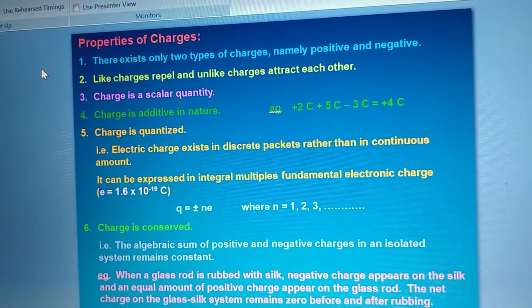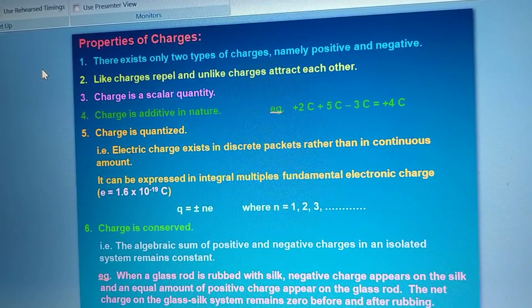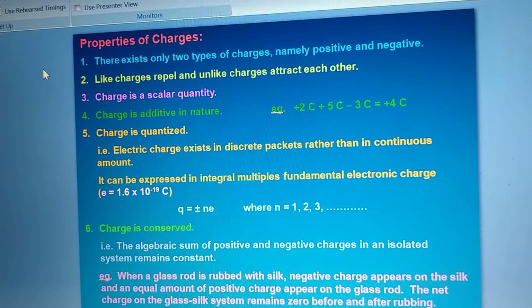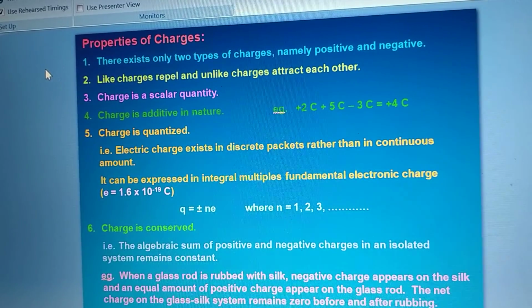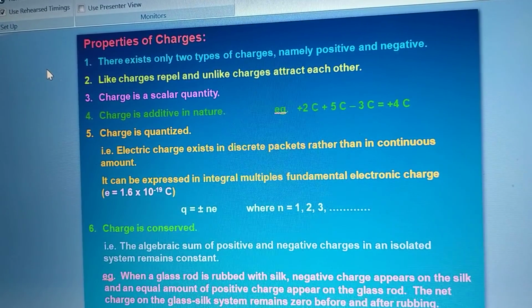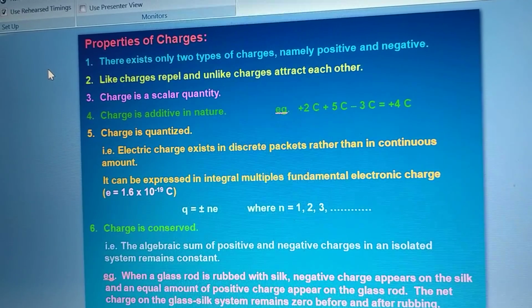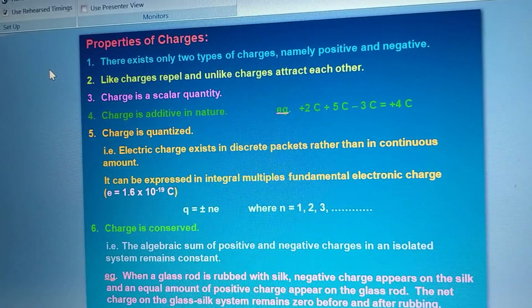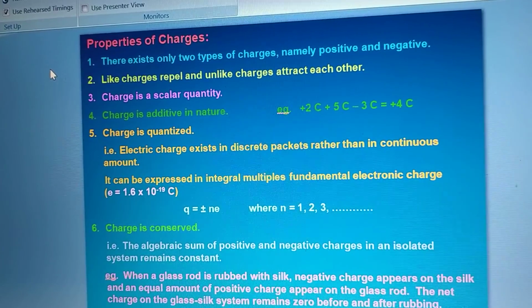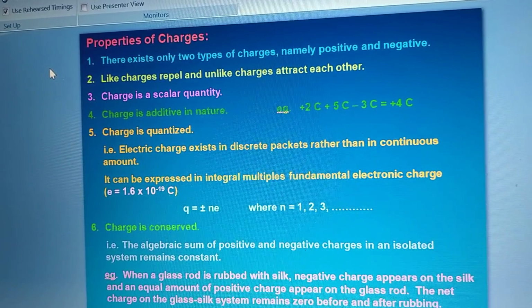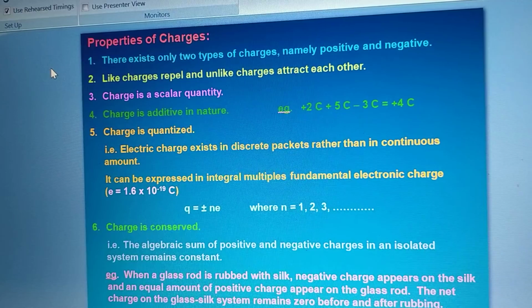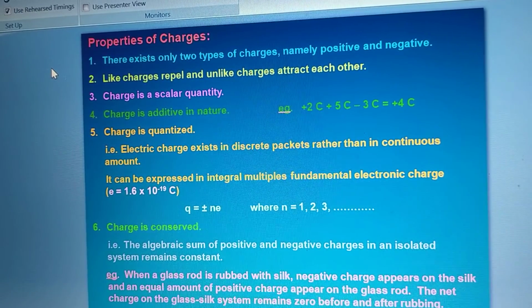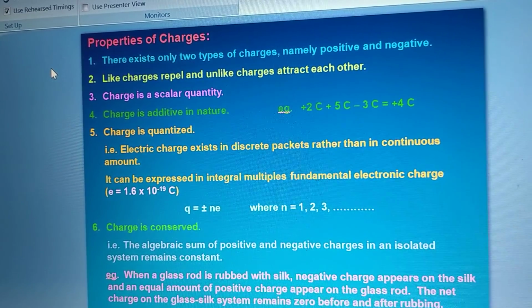Now when we are talking about the total charge on the body, then the total charge will be equal to the scalar sum of all the charges present on the body. Suppose that the total charge is capital Q, then Q will be equal to Q1 plus Q2 plus Q3, and so on.